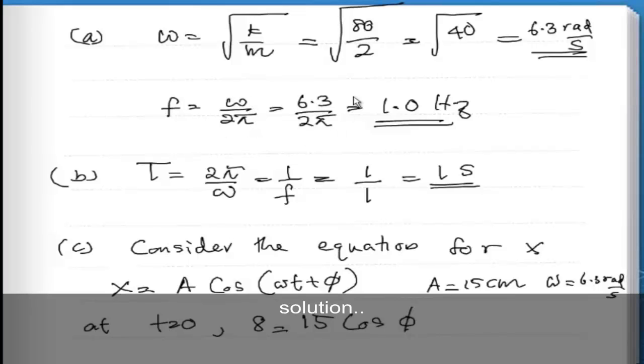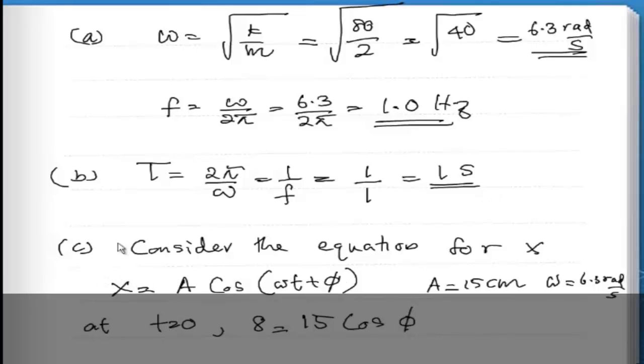So omega is 6.3, we already found that, over 2 pi. So that's approximately 1 hertz. Then we need to find the period. Period is 2 pi over omega, also 1 over f, so 1 over 1, so that's 1 second.